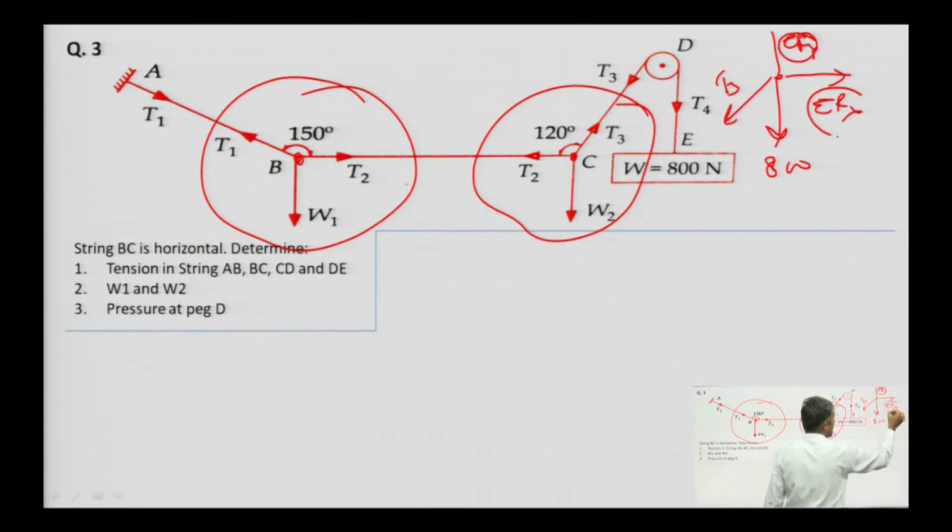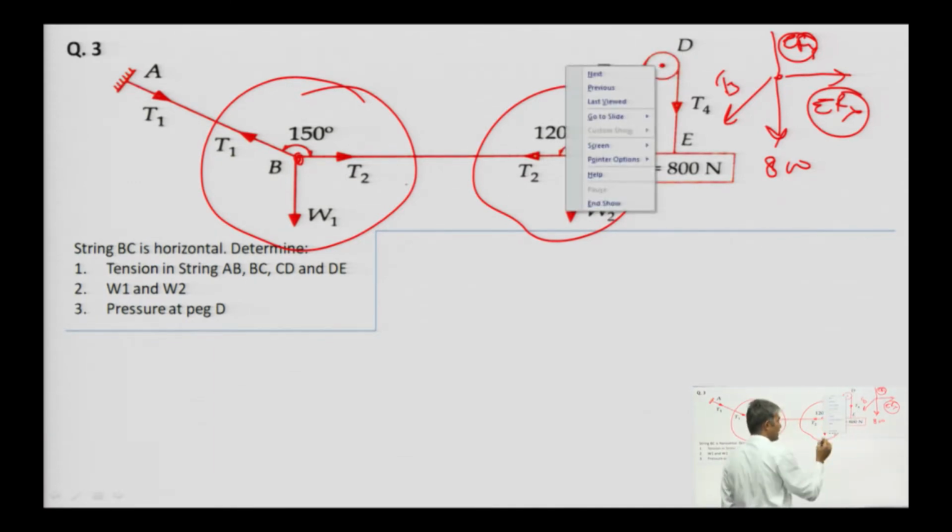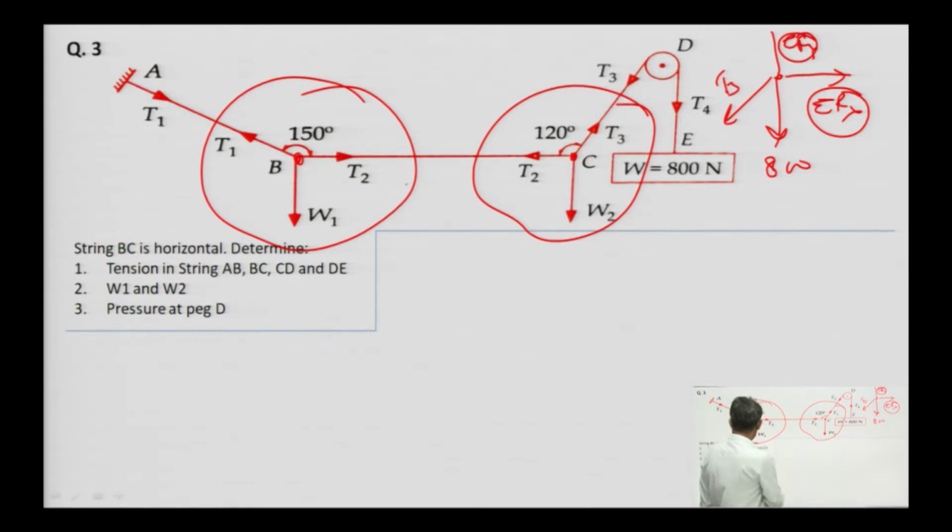This will be the horizontal and vertical thrust on this pulley, that we need to find. In the free body diagram at point B, we get only three forces, then we can apply sigma Fx, sigma Fy equal to 0 or Lami's theorem. Here we have the options.